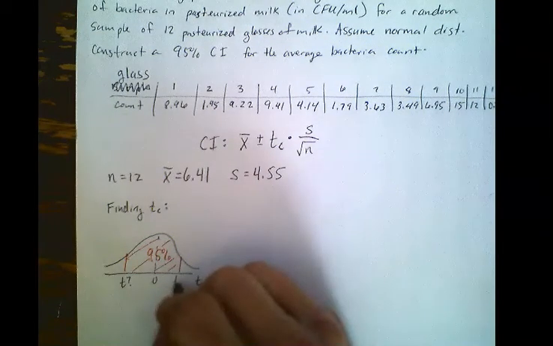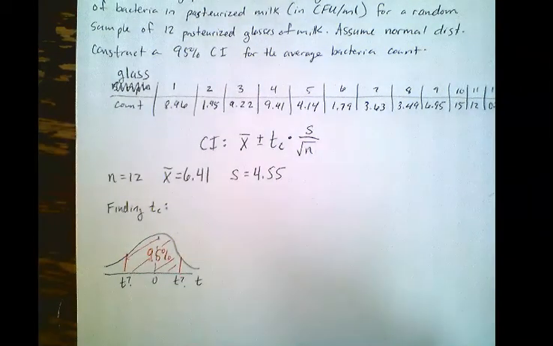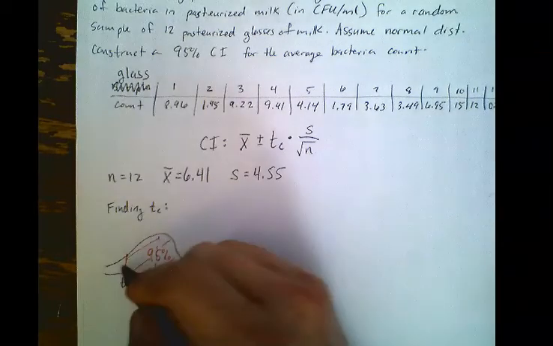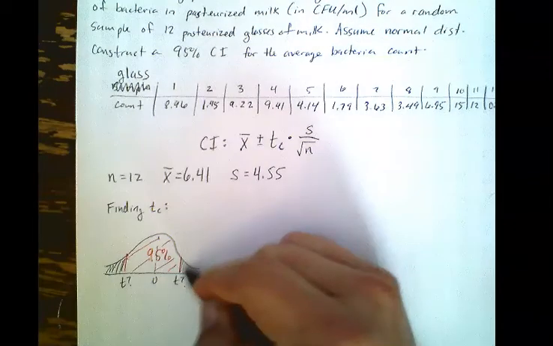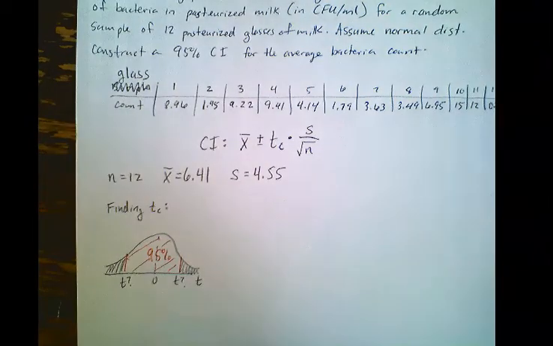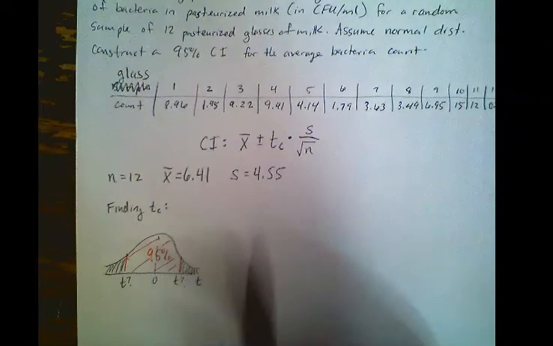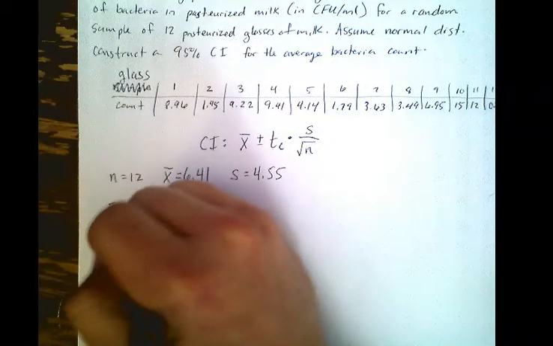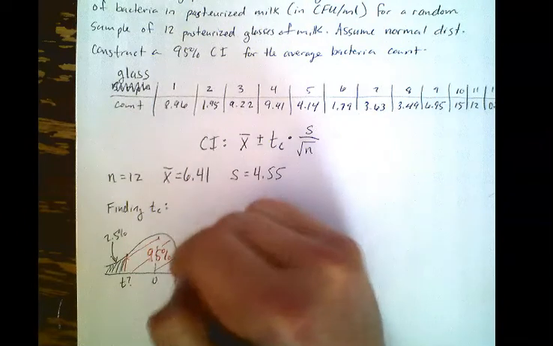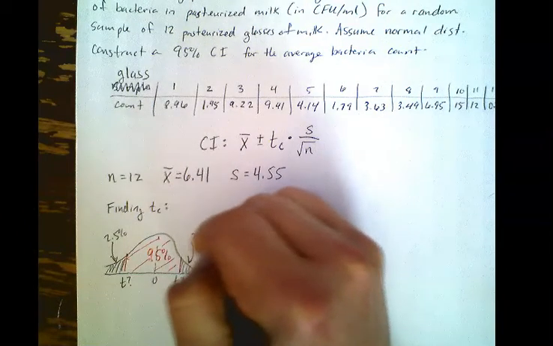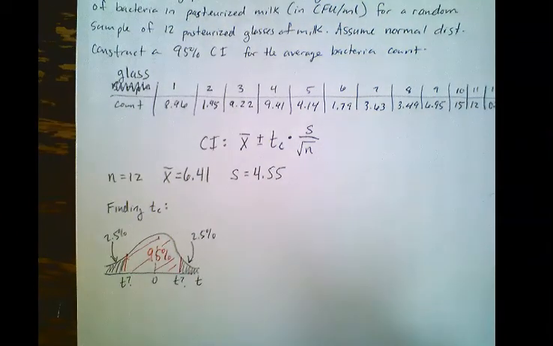We want this t and this t, right? So we need the area here and here. If 95% is trapped between the two, then 5% is outside in the tails cumulatively. So that means 2.5% is here, 2.5% is there since we're symmetric.